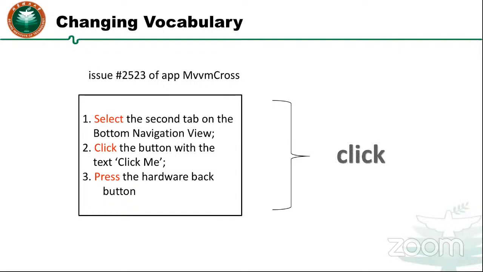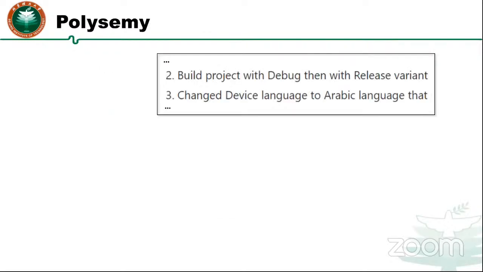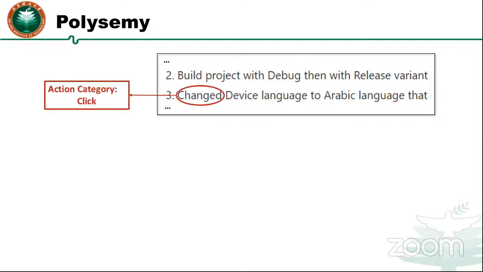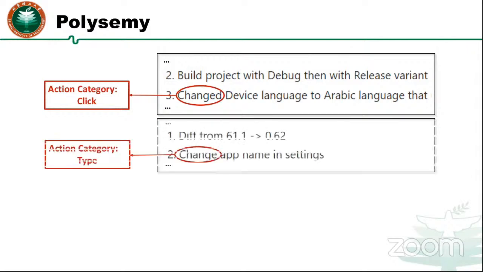The second reason is that the same word may have different meanings in different bug reports, and thus belongs to different categories. Here is an example. By saying change device language, the developers may describe to click on the language list.